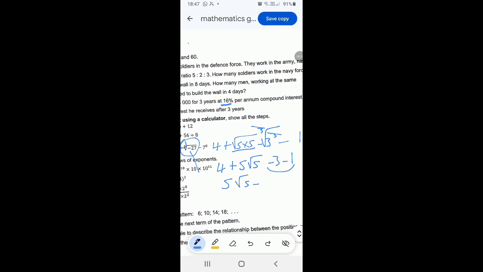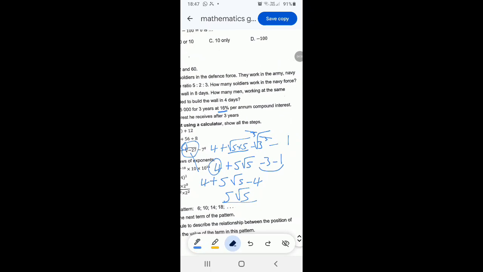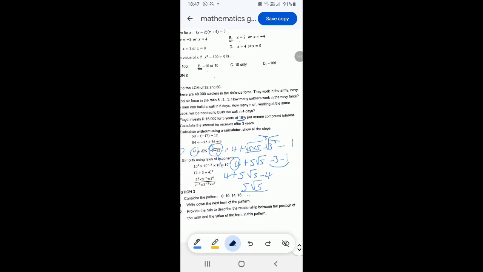You get minus 4. And then this, you can just write it there, it's fine. So you can punch your calculator and get your final answer. Minus 4, what do we get? We get 5 square root of 5. It's 2 marks, only 2 marks, okay.